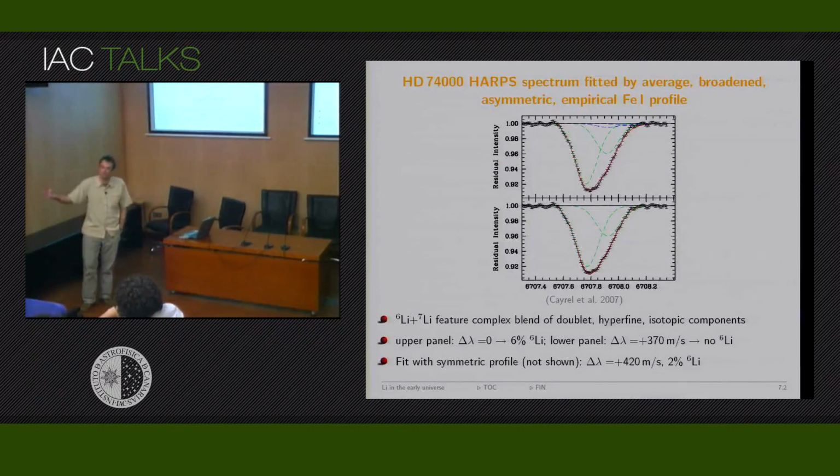It becomes plausible why we need this shift of 370 meters per second to get the best fit for the empirical line profile, and also with the result that we can't detect any lithium-6 in this star. As a final result, this particular star doesn't show any lithium-6 in the full 3D non-LTE analysis, at a level with a precision of plus minus 2%. So that is significantly below the 0.05 level which was around from the measurements of Asplund and collaborators and others before.